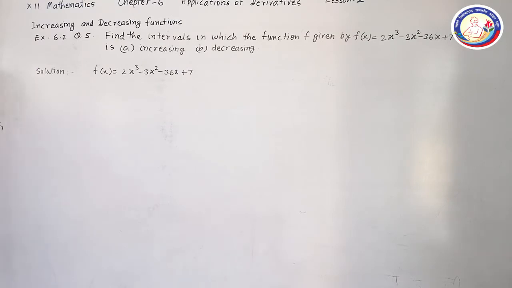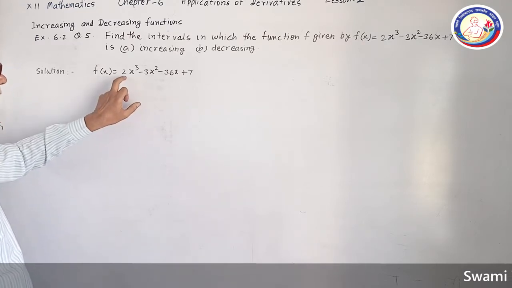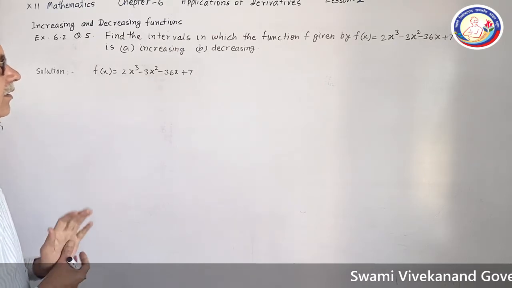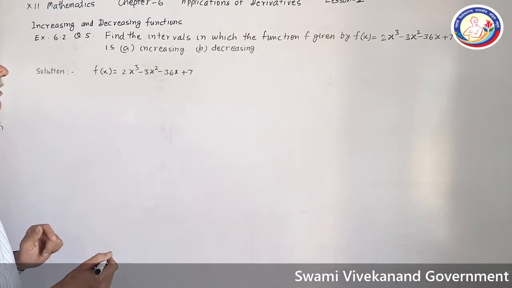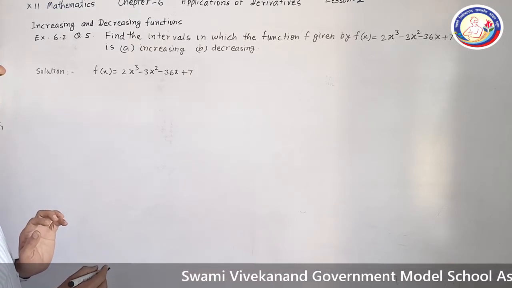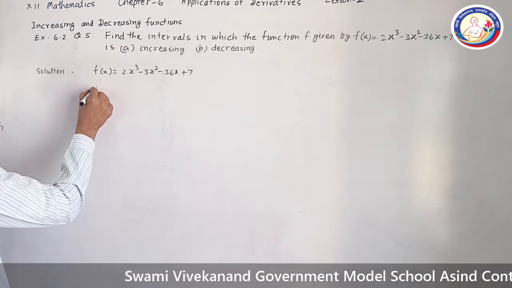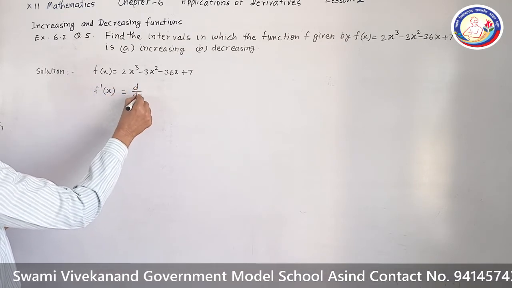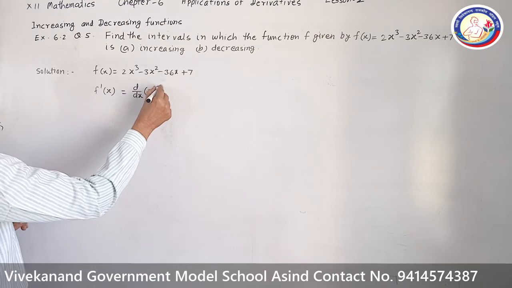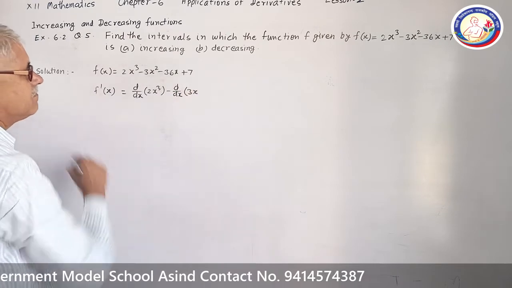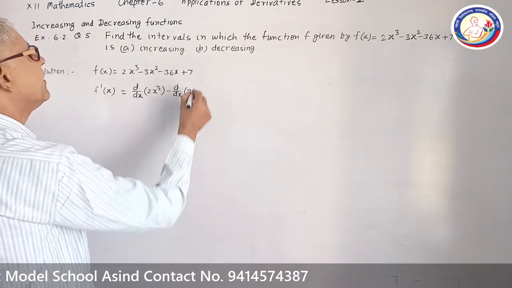Now we solve this question. We have to find the intervals in which this function is increasing and the intervals in which it is decreasing. So first of all, find the derivative of this with respect to x, using the sum method.